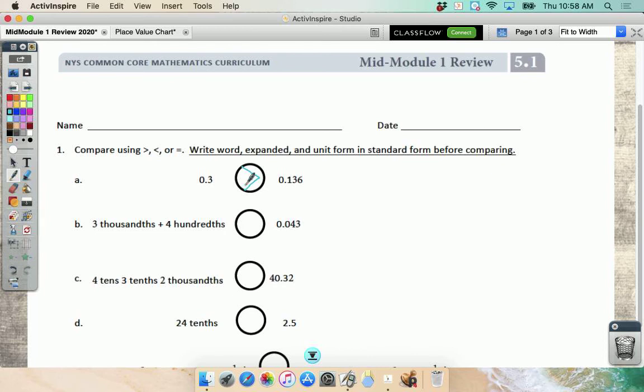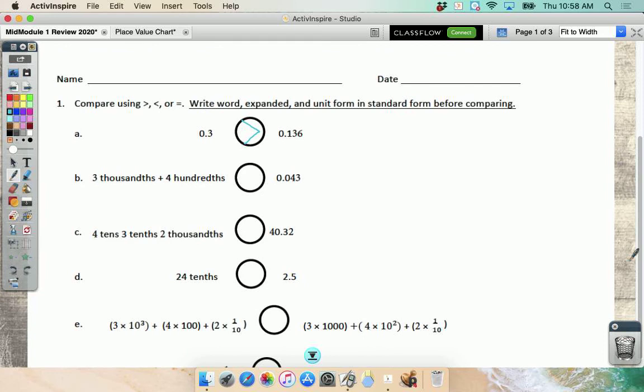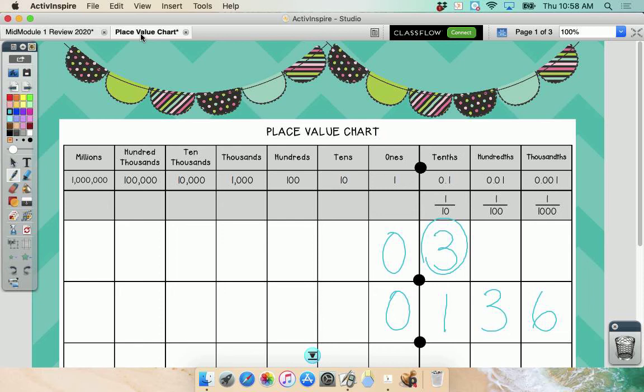So you're going to go back and forth between your place value chart and your paper. Okay? The next one. It says 3 thousandths plus 4 hundredths. So on my place value chart, I'm going to write 3 thousandths plus 4 hundredths.